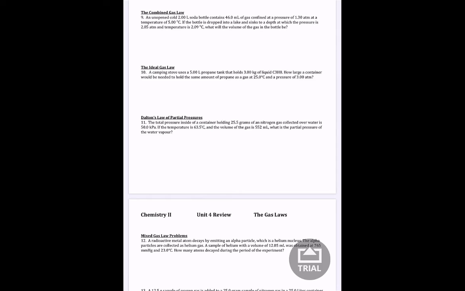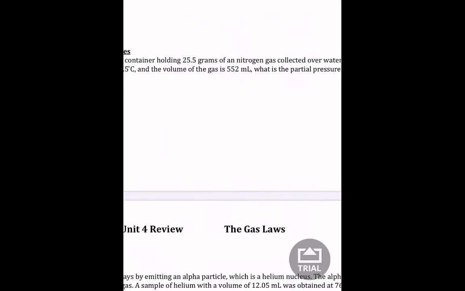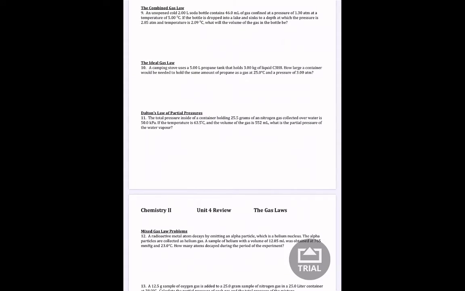We can figure out the partial pressure of the nitrogen. No, we can't, because we don't know the pressure of the water vapor yet. Okay, so to get the pressure of the water vapor, we know the temperature, we know the volume, we need a number of moles, but we don't have that.